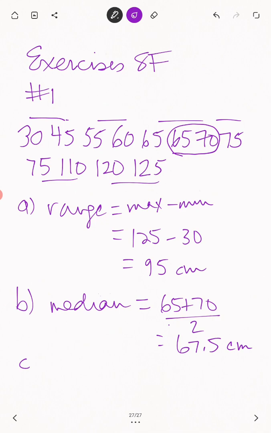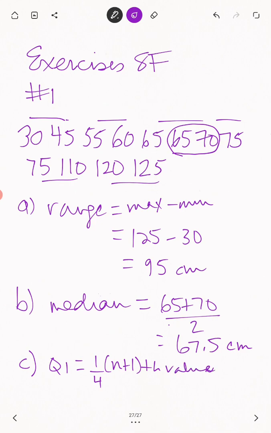And then for part C, it asks you for the lower quartile, which is Q1. So you have a formula in the textbook for the lower quartile, which is that the lower quartile is found at 1/4 of the n plus 1th value.